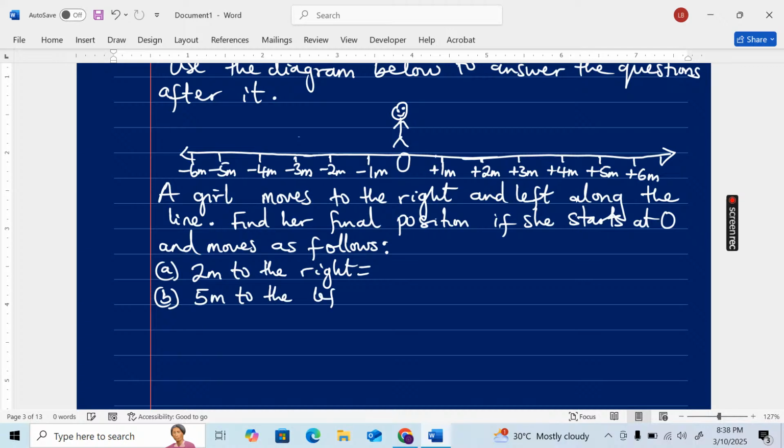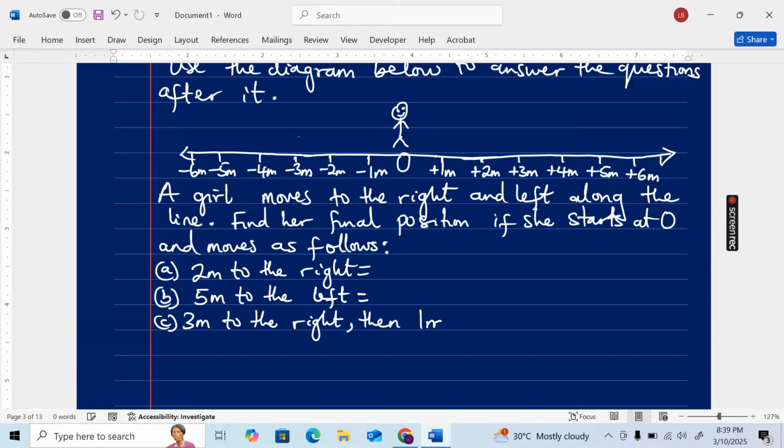Don't forget that she's starting at 0. Now the next one will be 3 meters to the right. Then 1 meter to the right.